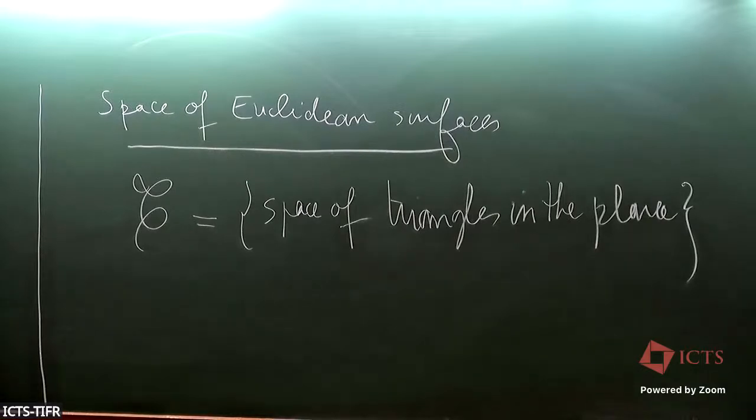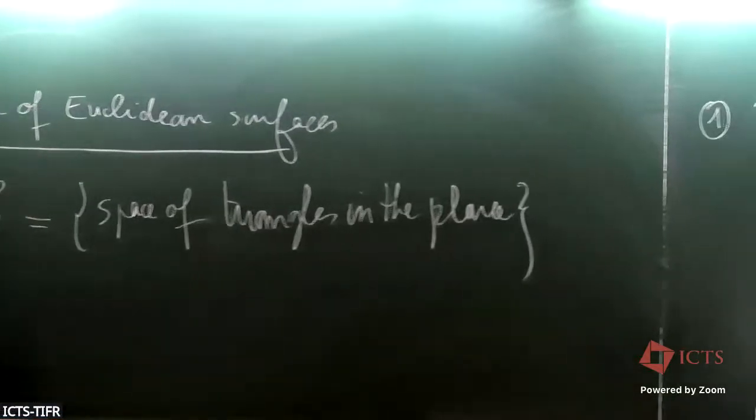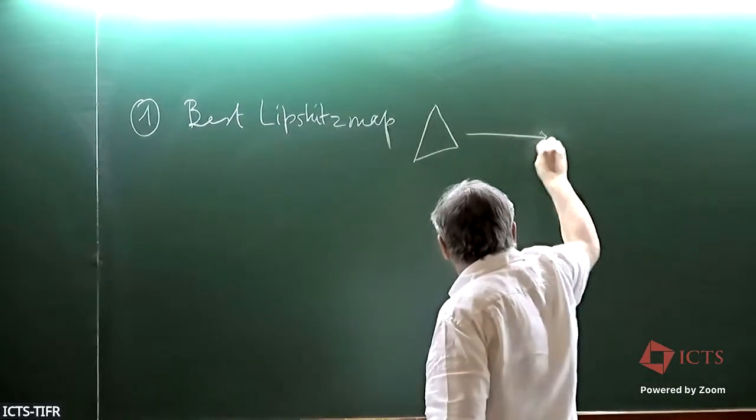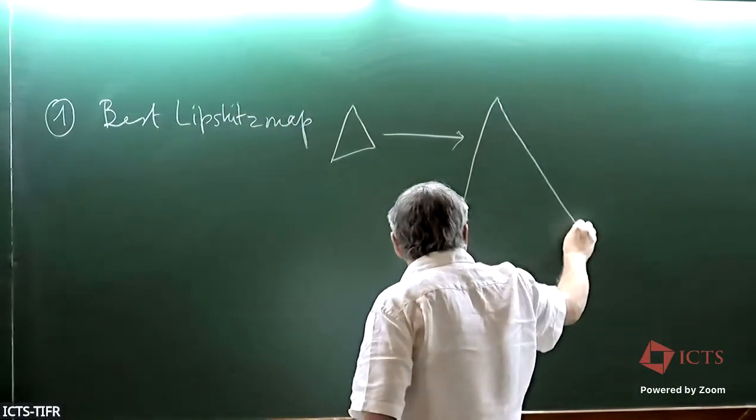First of all, you have this question of the best Lipschitz map between a Euclidean triangle and another Euclidean triangle.